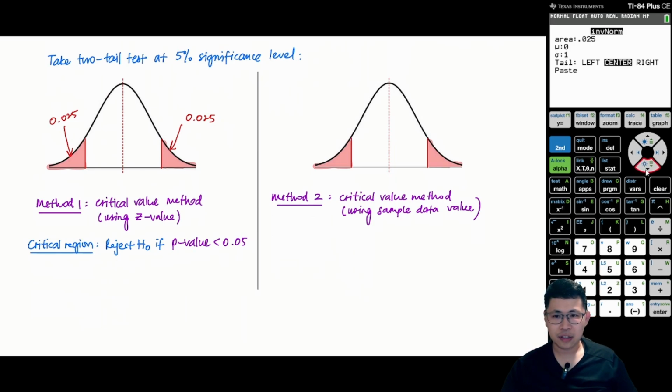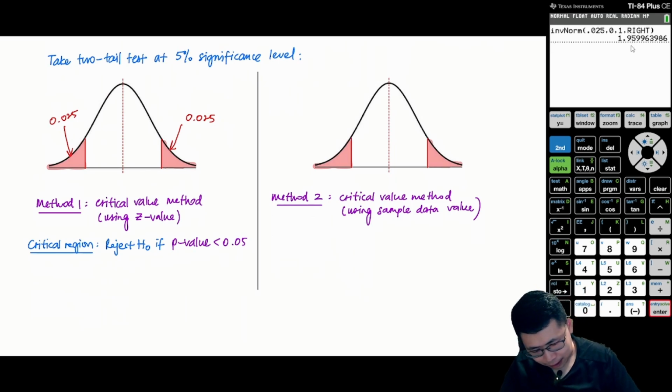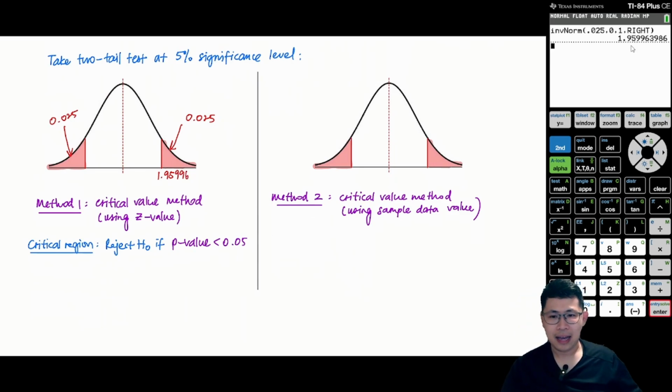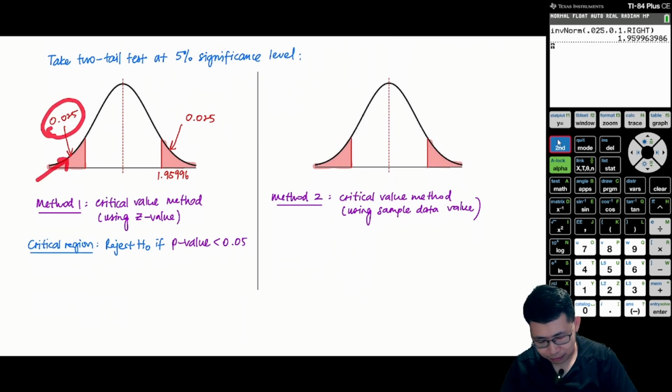This is a standard normal distribution, so the mean is 0 and the sigma is 1. If I'm looking at the right tail, I'll get this value over here, 1.95996.